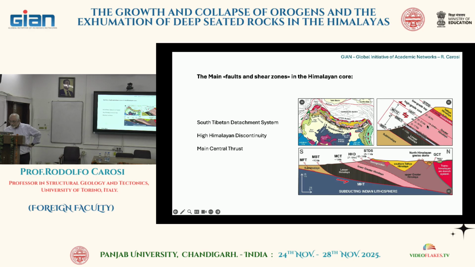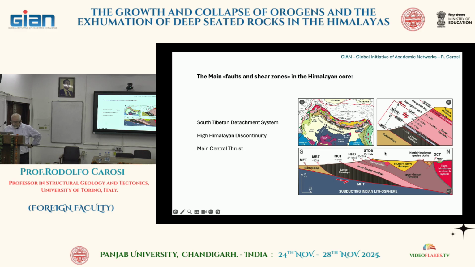In the middle part, the high Himalayan discontinuity, the main central thrust zone, the main boundary thrust, and so on. Here you can see in this schematic cross-section the South Tibetan detachment, the high Himalayan discontinuity, the main central thrust, and this is an out-of-sequence thrust, this dotted red line.